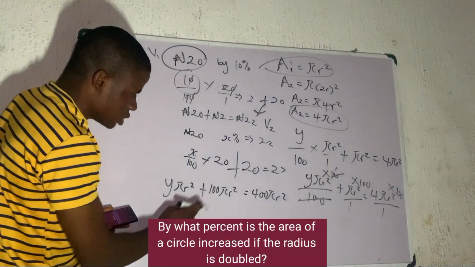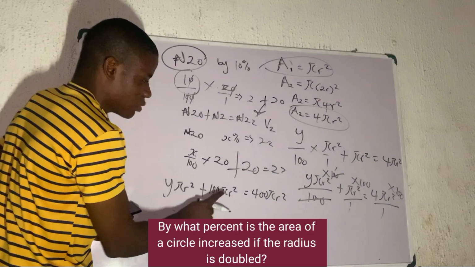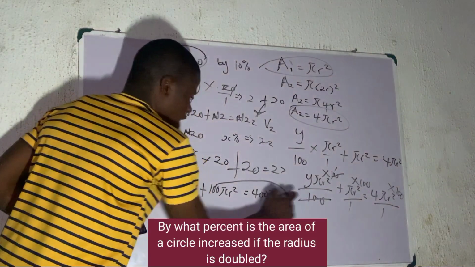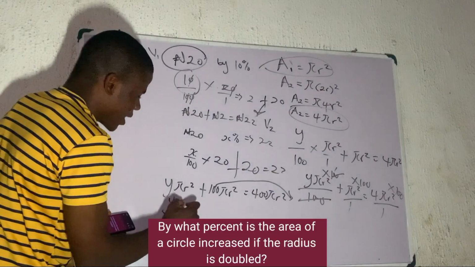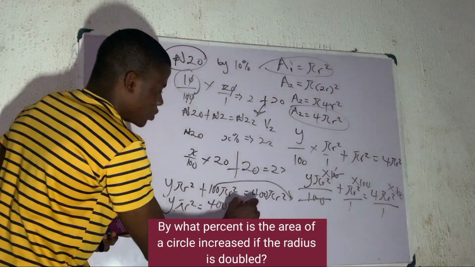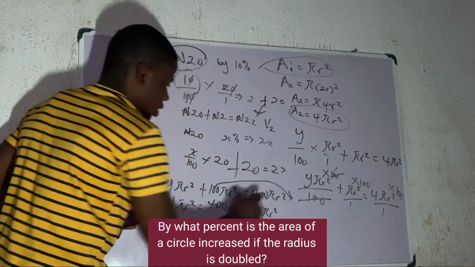Now, what are the like terms? This and this? No. This has y, this does not have y. So look at the like terms, 1, 2, because they have pi r squared. So I'll collect like terms. This should go over here. So I'm having y pi r squared is equal to 400 pi r squared, and this coming over will be minus 100 pi r squared. Are you there?